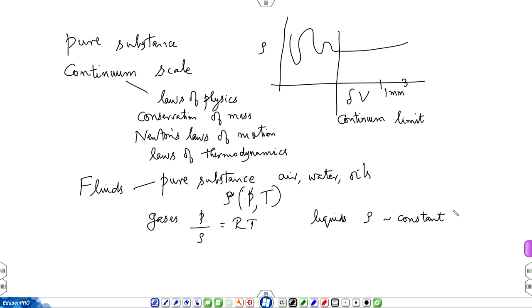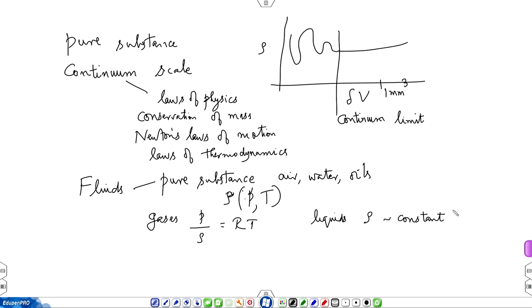Such a material is said to be incompressible. So, these are relations that define density on the macro scale or in the continuum scale.